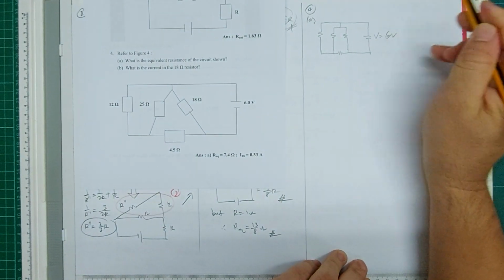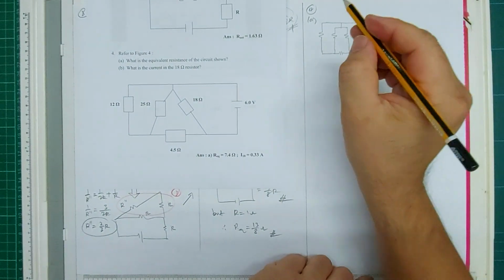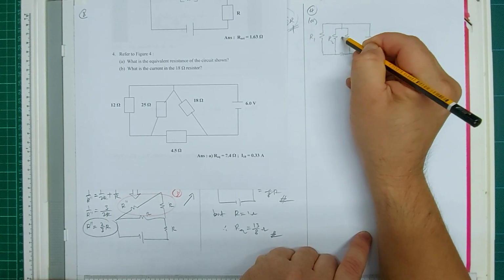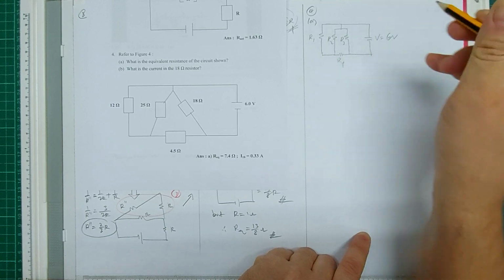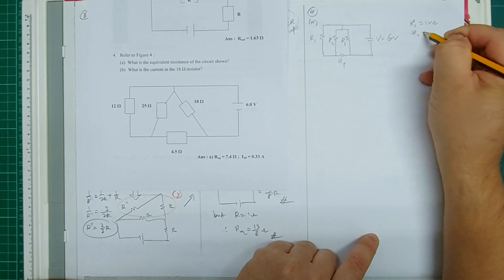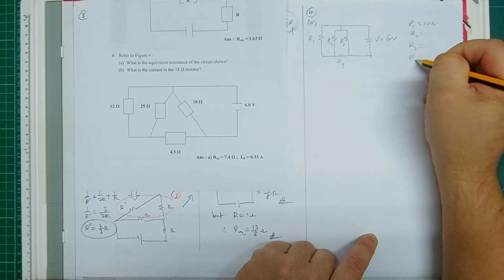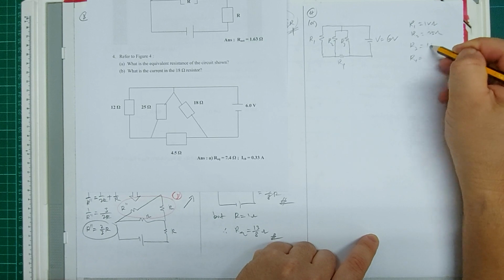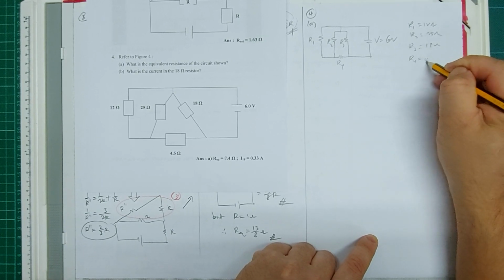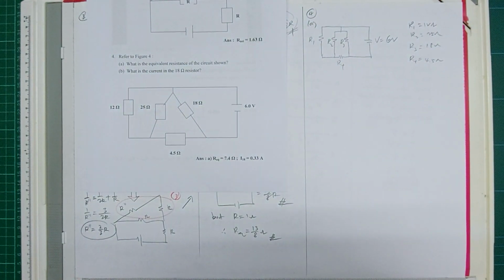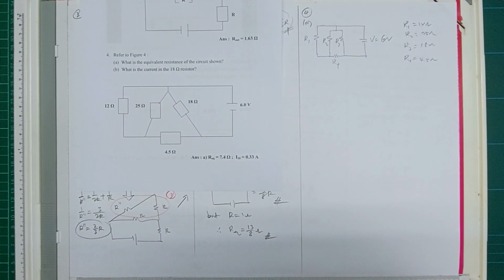Alright, so I will call this one R1, this is R2, R3 and R4. So my R1 is 12 ohm, R2 is 25 ohms, R3 is 18 ohm, and the last one is 4.5 ohms, so that you can trace when I change them. So what can we do first?